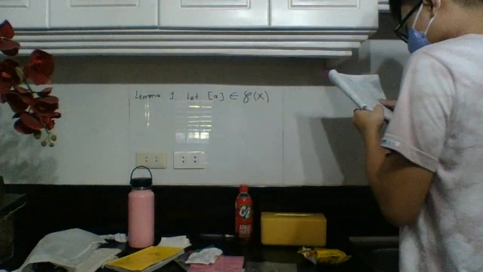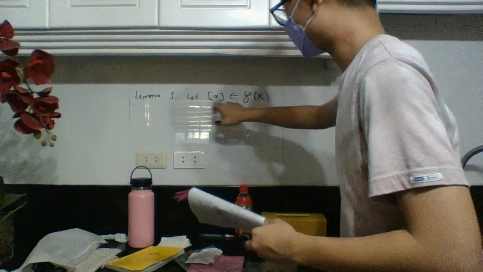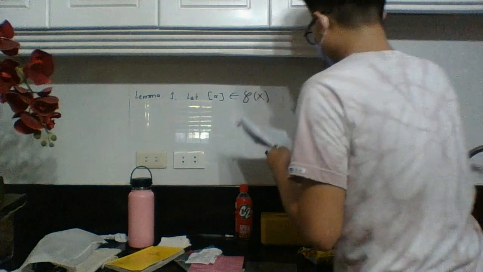Let bracket alpha bracket be an element of curly P of X, and let alpha be a representative.